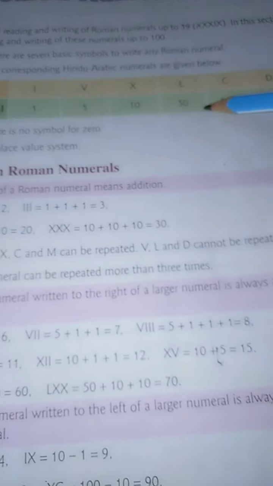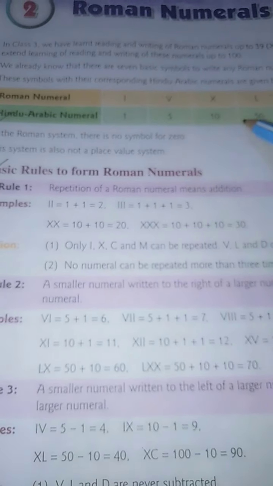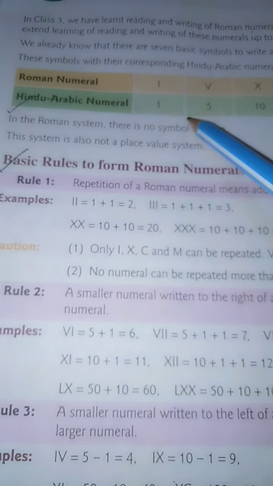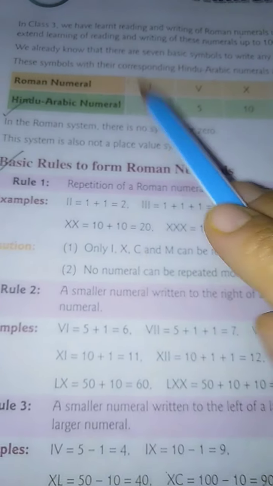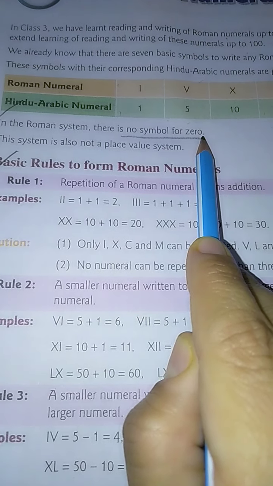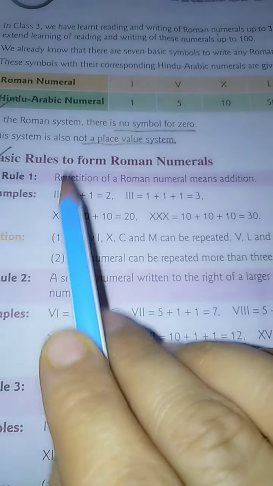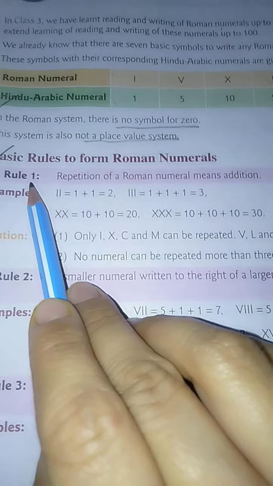This is the table which you are going to make in your notebook also. And in Roman there is no symbol for 0, and there is no place value system also in Romans. There are some basic rules, let us study.